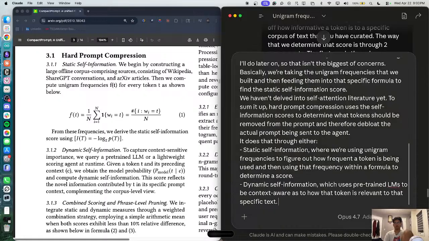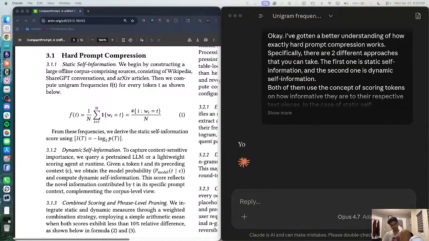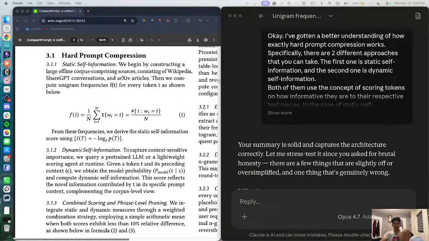All right. Awesome. Okay. It should stress test it now.